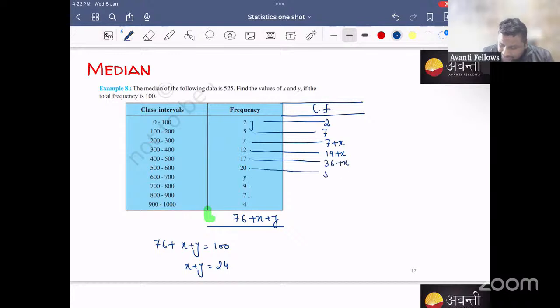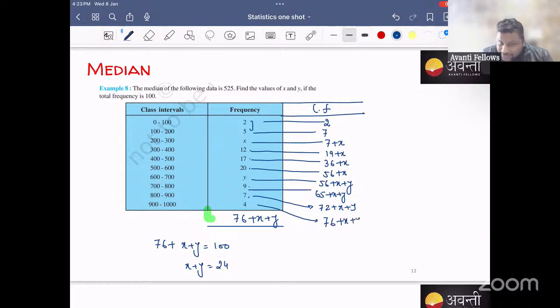Then this is 56 plus x. Then this is 56 plus x plus y. 56 and 9, 65 plus x plus y. Add 7, it is 72 plus x plus y. And finally you add 4, you get 76 plus x plus y.